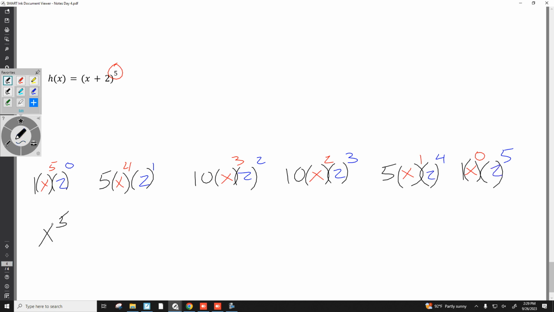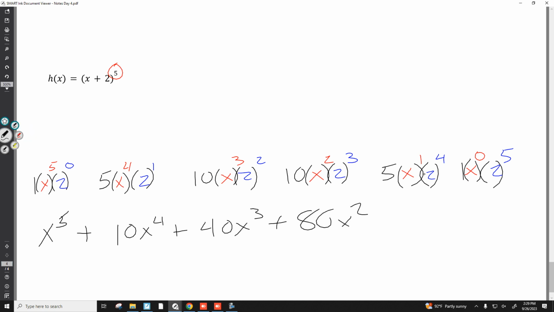X to the fifth. 10 x to the fourth. 40 x cubed. 80 x squared. 2, 4, 8, 16. 16 times 5. 60? 80. 80 x's. 2, 4, 8, 16, 32. Boom. I did that a lot quicker than any of y'all could have done that by hand.